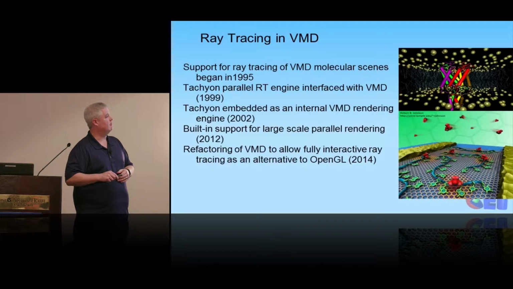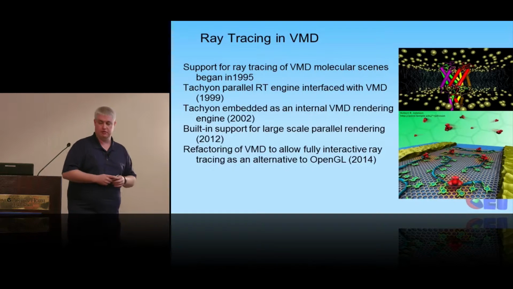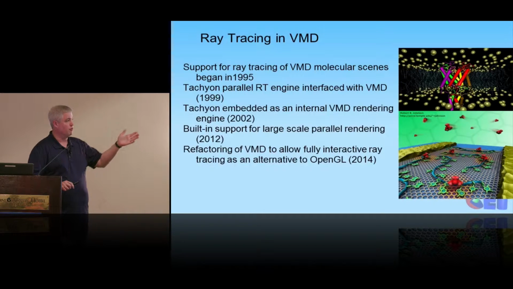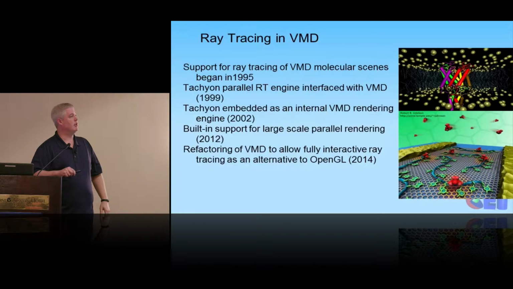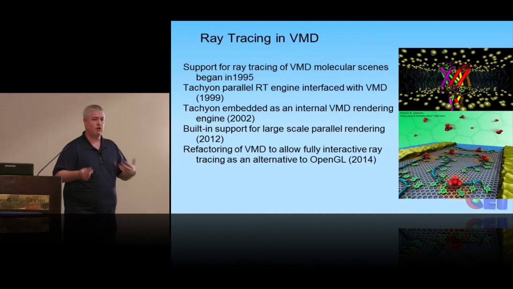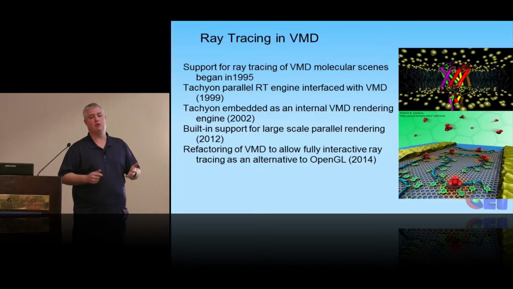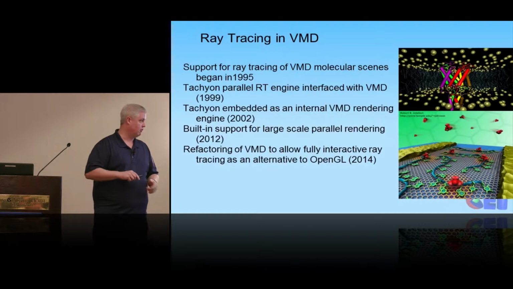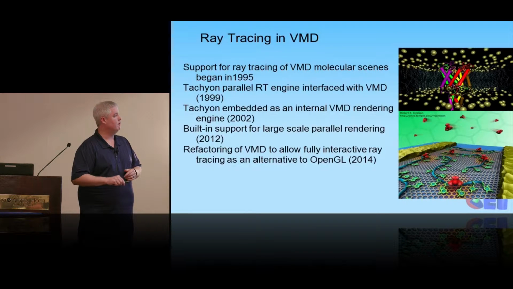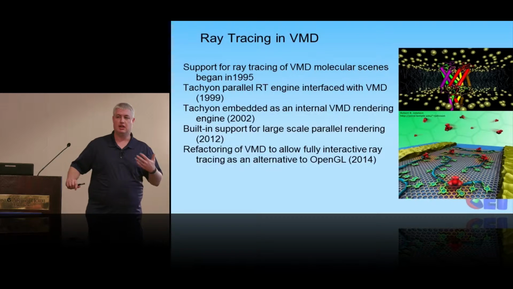And basically, as of over the last couple of years, even though the ray tracer itself, Tachyon, had been a parallel renderer from the outset, VMD wasn't really fully exploiting that. And as we started running VMD on the supercomputers where the simulations are actually done, it became critical that we did the rendering in parallel also. And then most recently, we've adapted VMD to do ray tracing interactively.